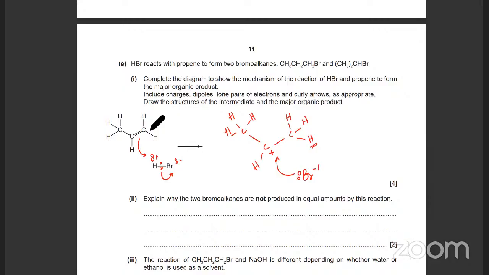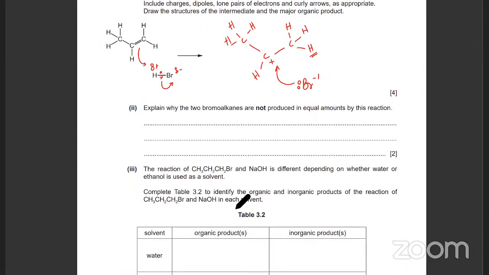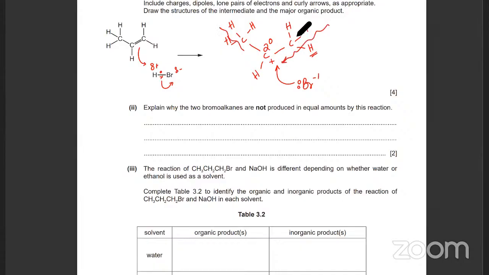Because a second degree carbocation is more stable. Why is it stable? Because it's got more electron donating alkyl chains. Okay, so state Markovnikov's rule as well in your answer. Is that clear? Yes. So this is your second degree carbocation that's more stable because it's got 2 electron donating alkyl chains.